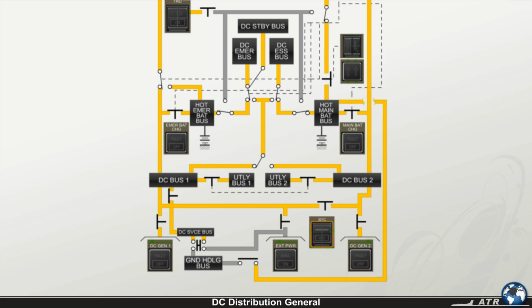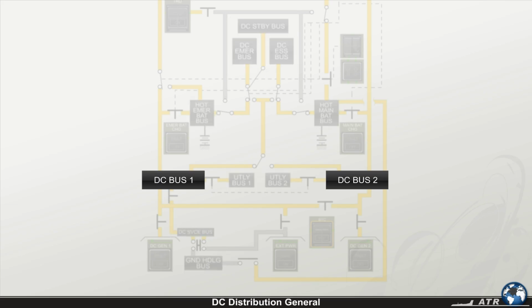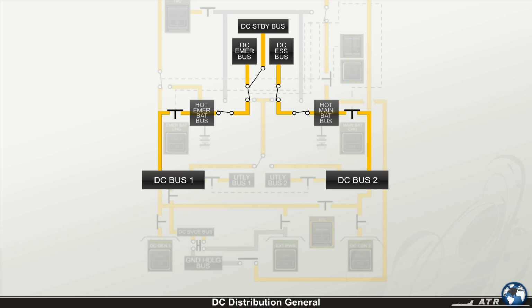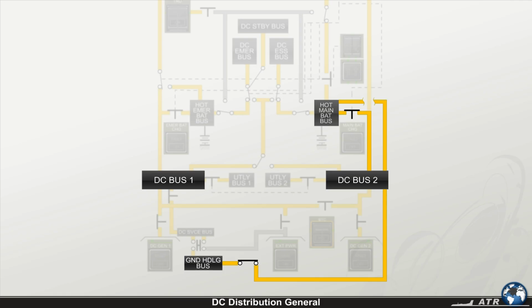To manage the DC power supply, 11 different buses are merged into a hierarchically structured network. There are two main buses, DC Bus 1 and DC Bus 2, that directly or indirectly supply hot main battery bus and hot emergency battery bus, DC emergency bus, DC essential bus, and DC standby bus, utility bus 1 and utility bus 2, DC service bus, and ground handling bus.